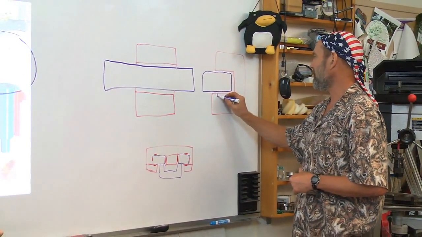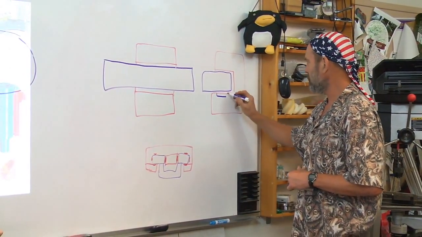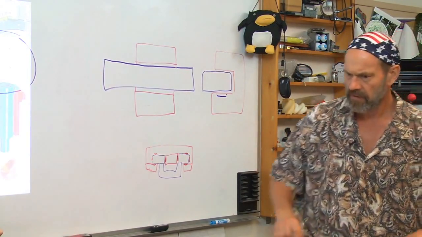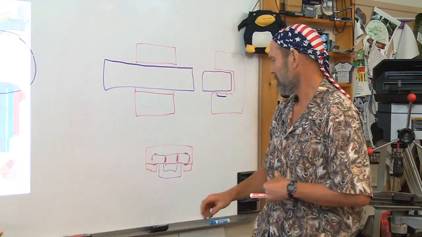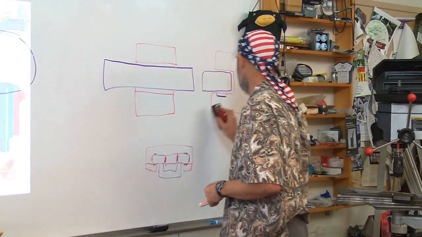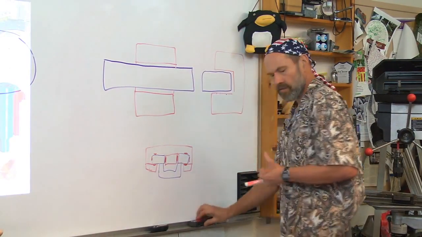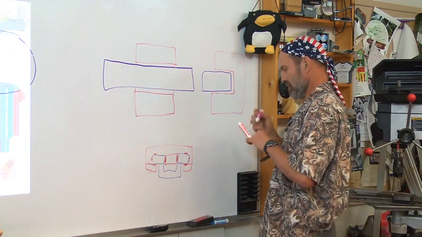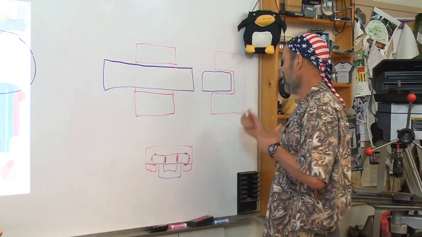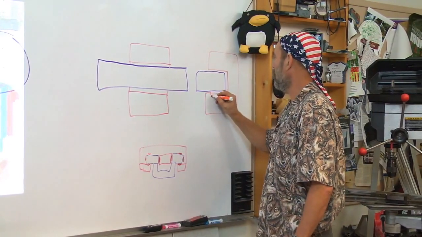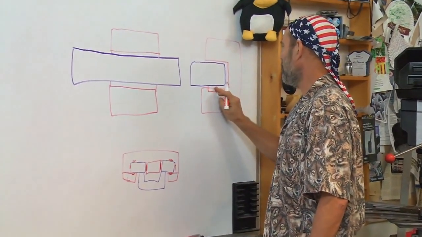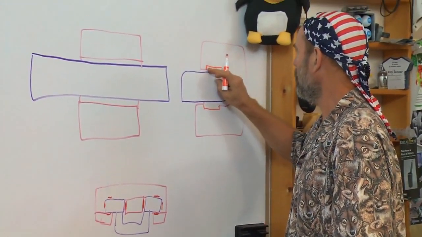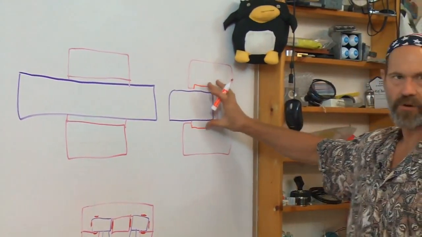The hydrostatic bearing assumes you have, let me use a different color here, a pocket. And I have to get fluid flow into the pocket.